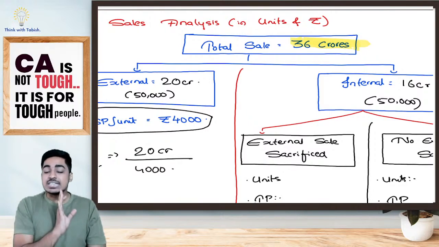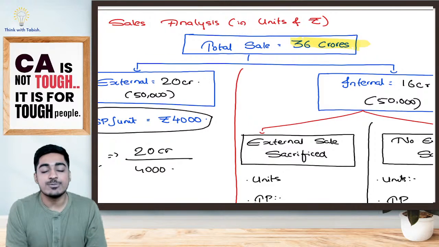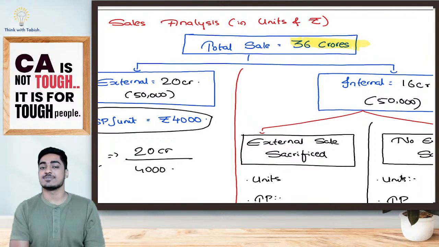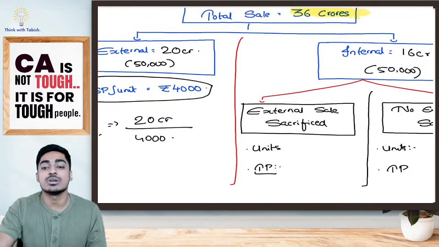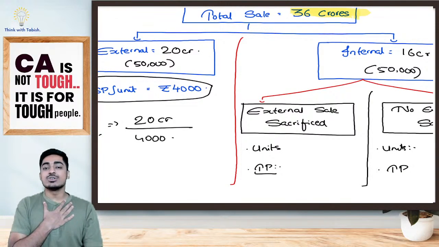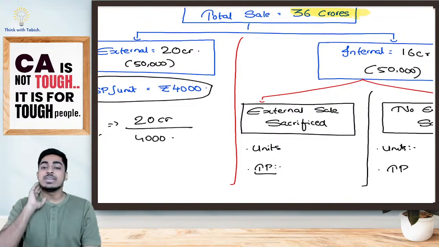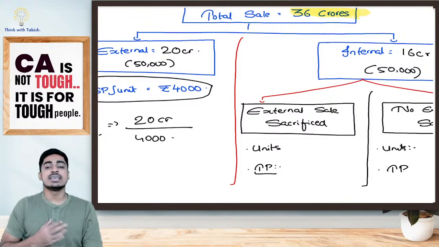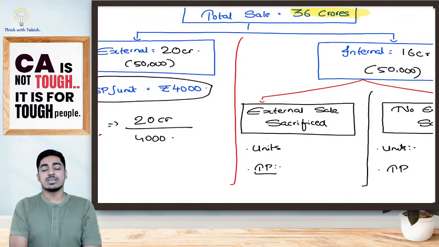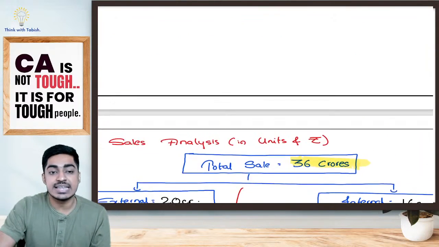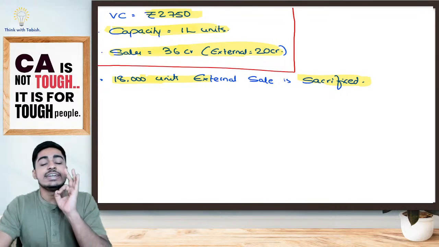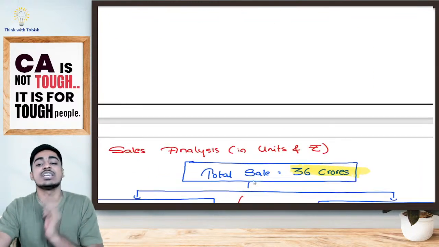External sale is at 4,000 rupees. Now internal transfer, what is the transfer based on? Transfer is based on my marginal cost. If there is no sacrifice, I will transfer it at my variable cost. If I am sacrificing, I will transfer it including my opportunity cost. Now, the question tells us that for 18,000 units, the external sale was sacrificed.